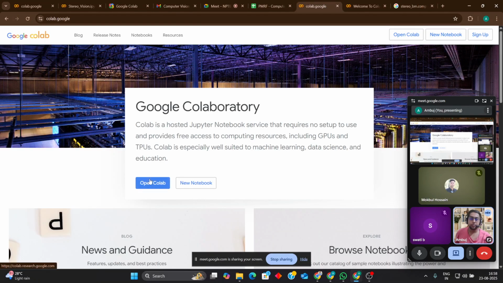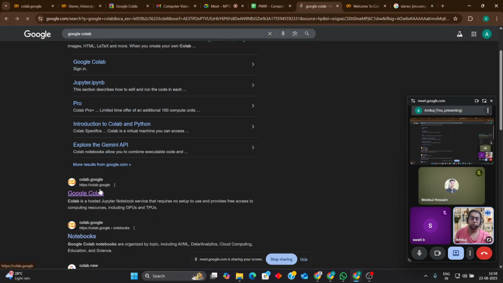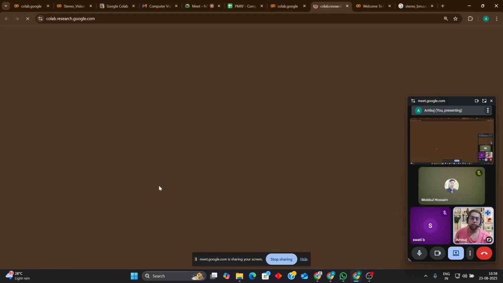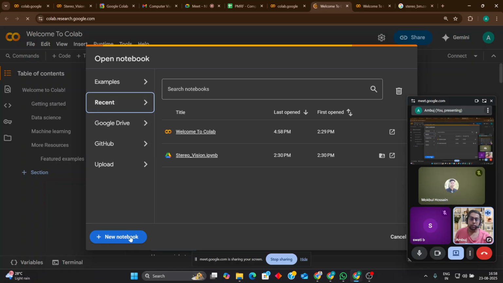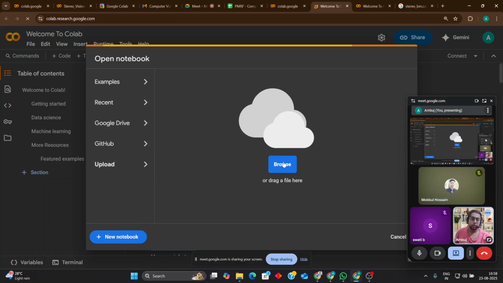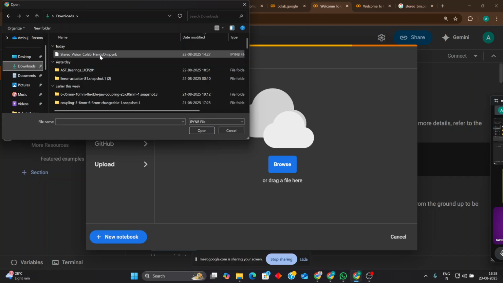This is Colab. You go to Google Colab and open Colab. You can upload a notebook here. Then you have to browse. Then in downloads, if this particular IPYNB file is there, you just have to select it and open it.